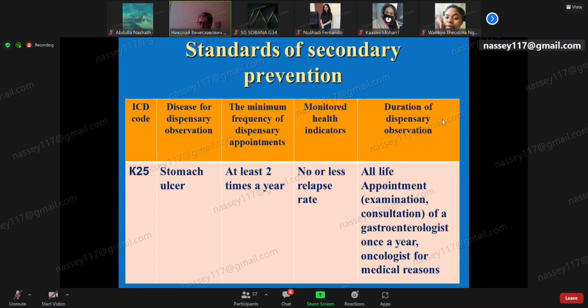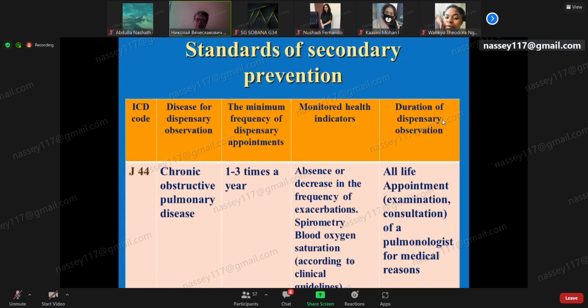And all their life, we should prescribe this observation with examination and possible consultation of a gastroenterologist once a year and oncologists on demand for medical reasons.